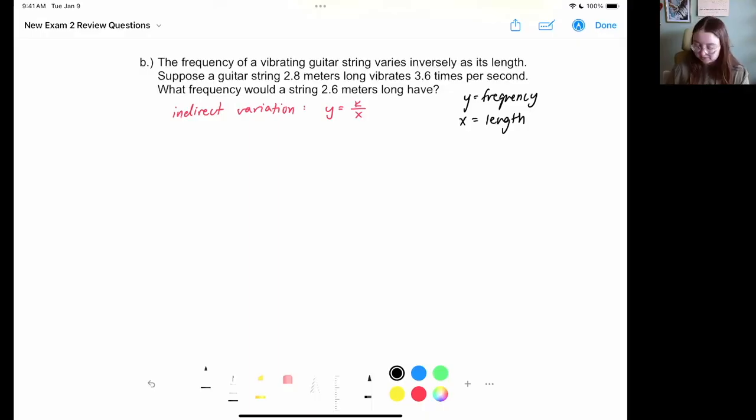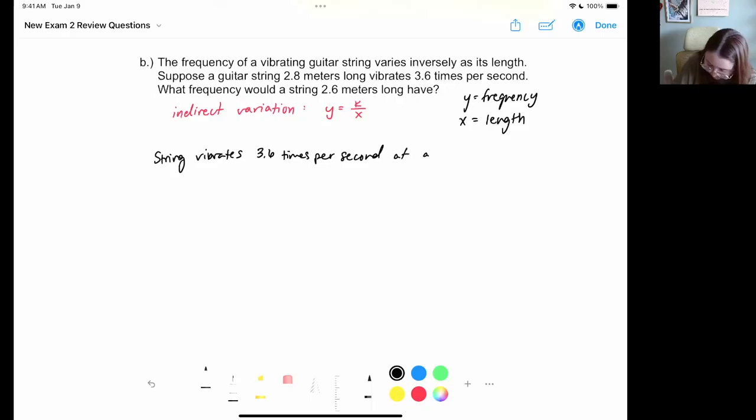So we have our frequency, we have our length, that's labeled here. We're going to use the information that we know. The guitar string vibrates 3.6 times per second at a length of 2.8. So we know the frequency, we know the length, and we're going to put this together with our equation y equals k over x.